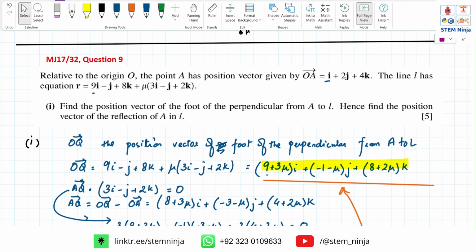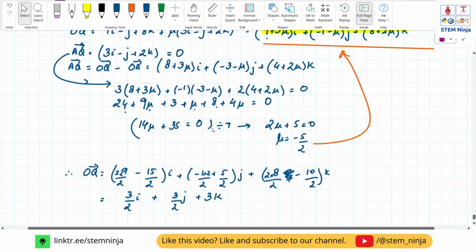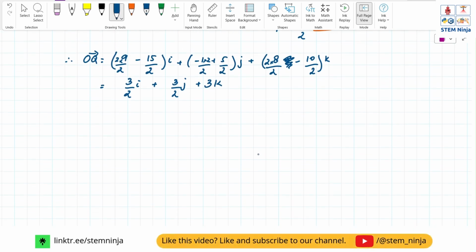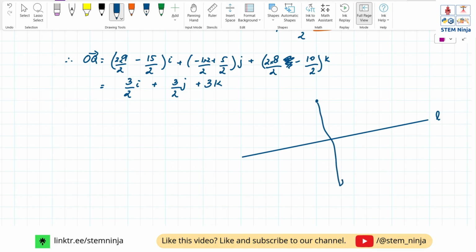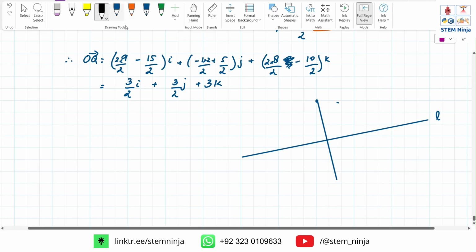Now, the second part was hence find the position vector of the reflection of A in L. All right. Now, first let's draw a diagram of what we have. So this is line L. This is point A, and this would be its reflection.